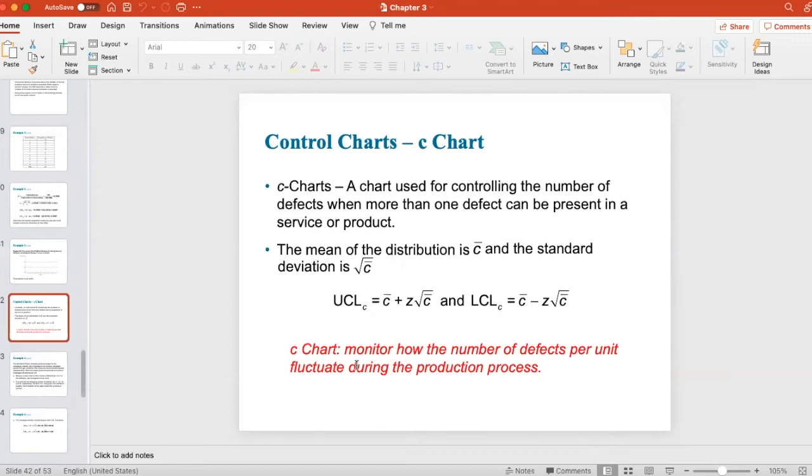So C chart is monitoring how the number of defective parts per unit or per product fluctuates during the production process. So you can clearly see that for every single type of chart, there is a corresponding sample characteristic that they are trying to monitor in order to monitor the overall quality management.